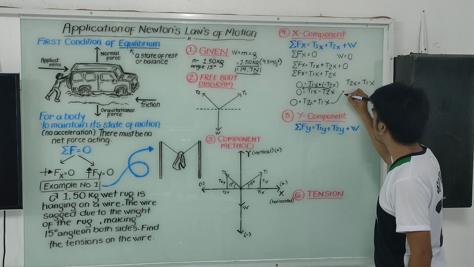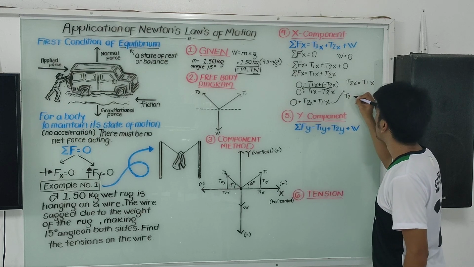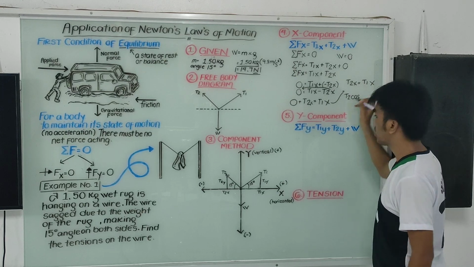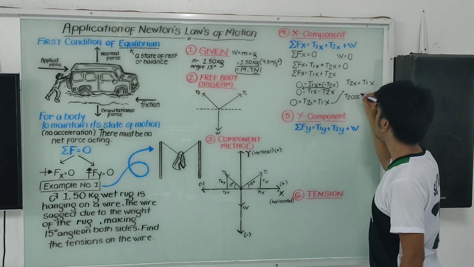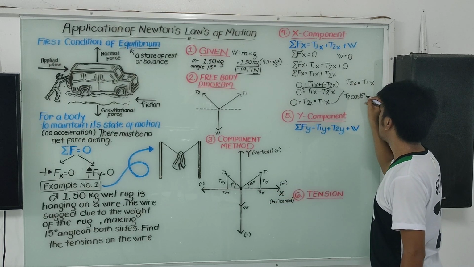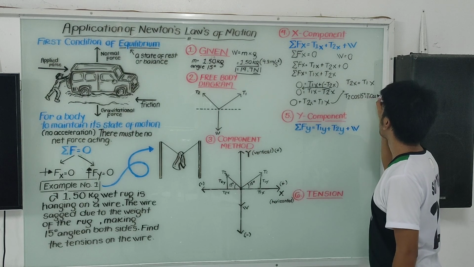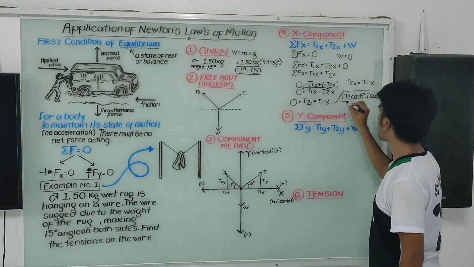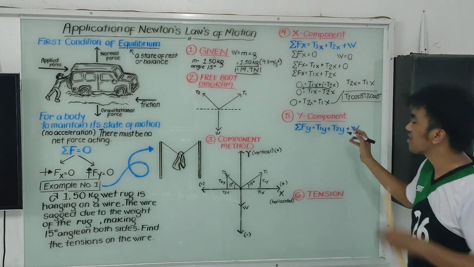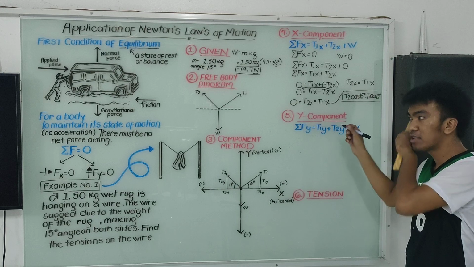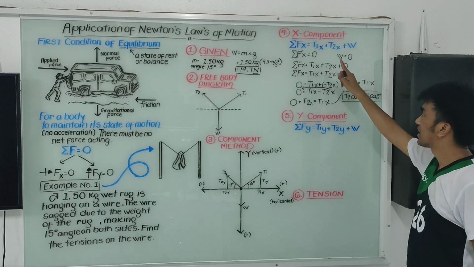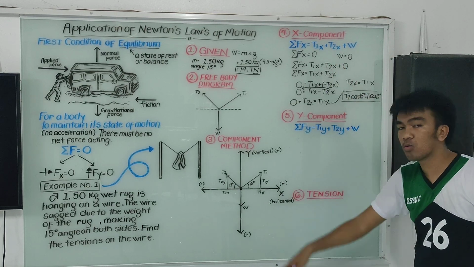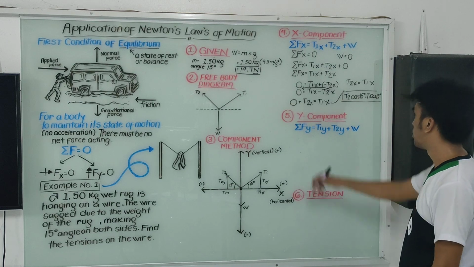So this will become T2 cos, what is the angle? 15 degrees is equal to T1 cos 15 degrees. So that is your answer here. Again, the x component proves that tension 1 is equal to tension 2.